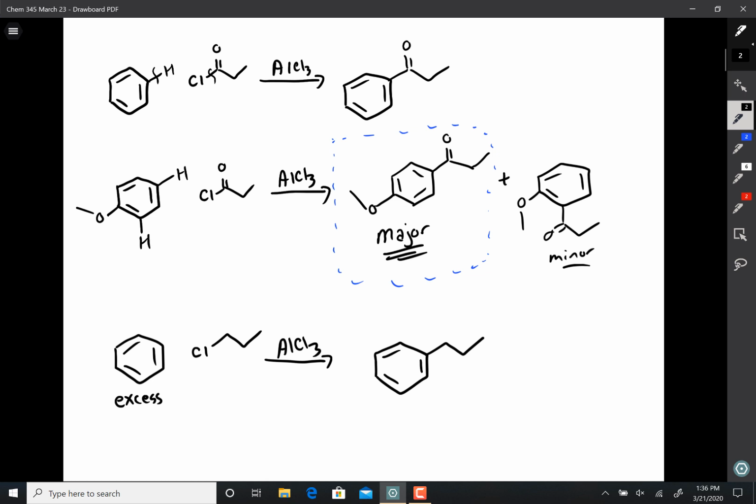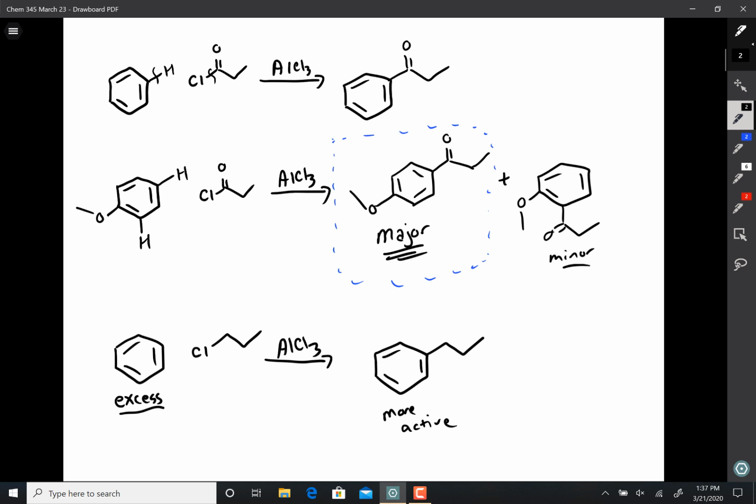This has an alkyl group on it. Alkyl groups are activating groups. And so as a result, since this is more reactive than your starting material, you'll get multiple additions unless you use an excess of your starting material to out-compete that.